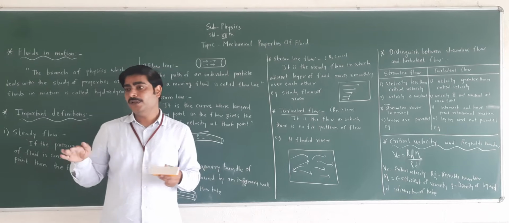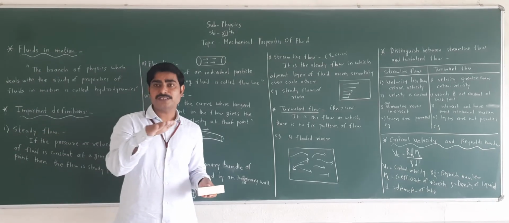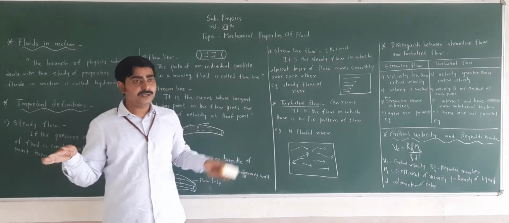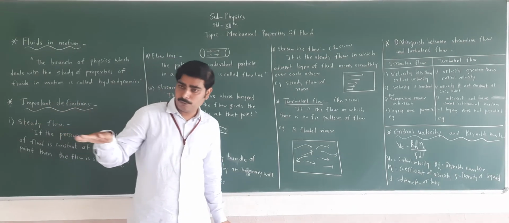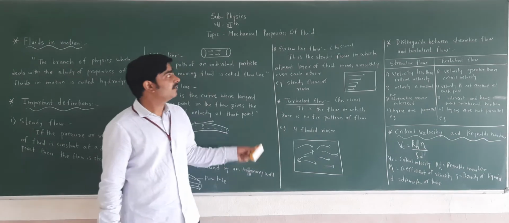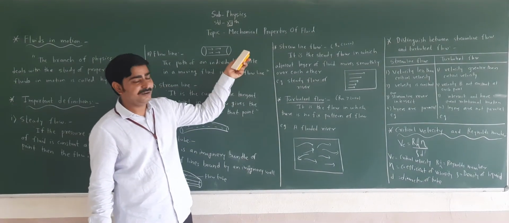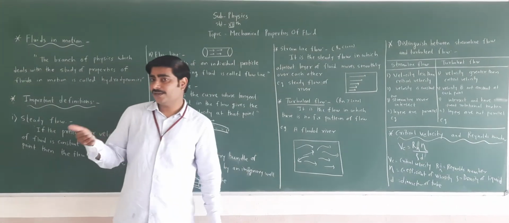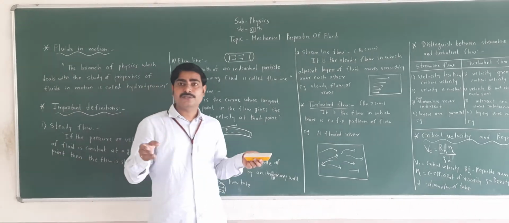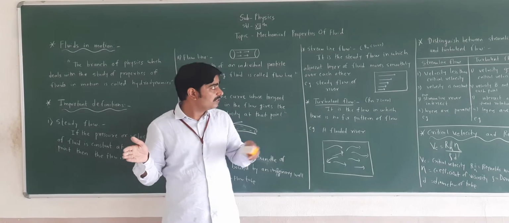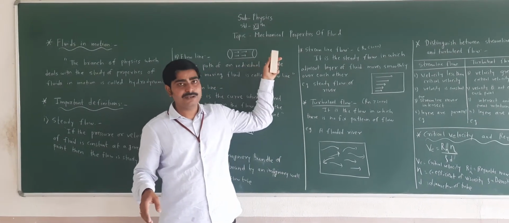Generally, we observe the surface of the river, and if there is no disturbance in the atmosphere, the flow is moving with a constant speed, and that we can call the streamline flow. Again, we can take the example that the liquid which is moving through a pipeline also moves with a constant speed, then we can say it is a streamline flow.